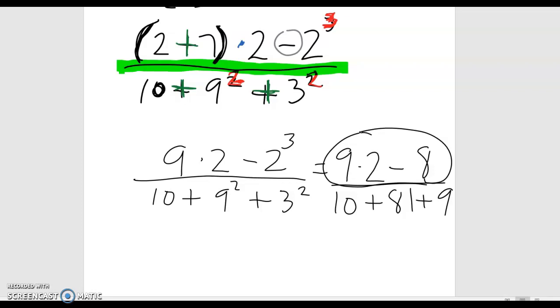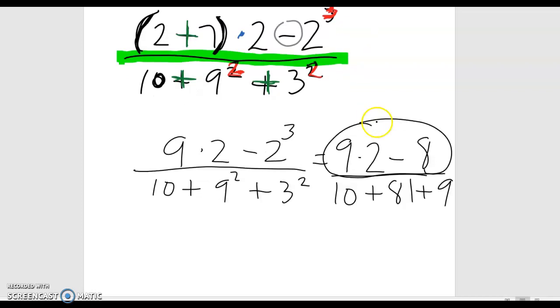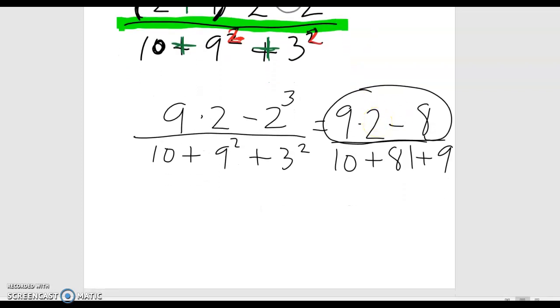Recall, the order of operations says that multiplication takes priority over subtraction. Therefore, we need to take care of 9 times 2 first. Let's move on down a little bit more. 9 times 2 is 18.